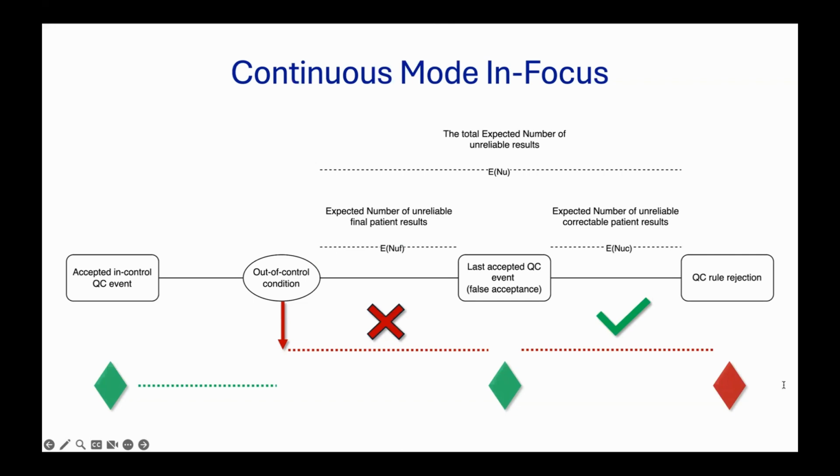These are considered the expected number of unreliable correctable patient results, also abbreviated as INUC. However, results prior to the last accepted QC event cannot be corrected, leading to the expected number of unreliable final patient results, also abbreviated as INUF. The total expected number of unreliable results includes both INUC and INUF values.